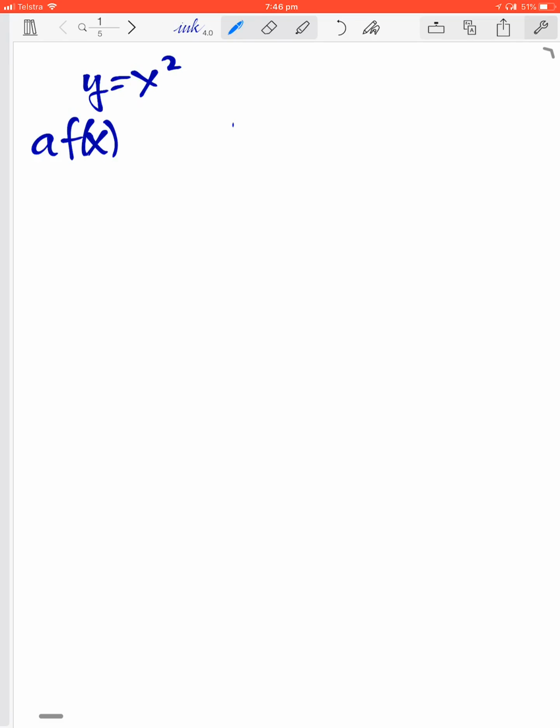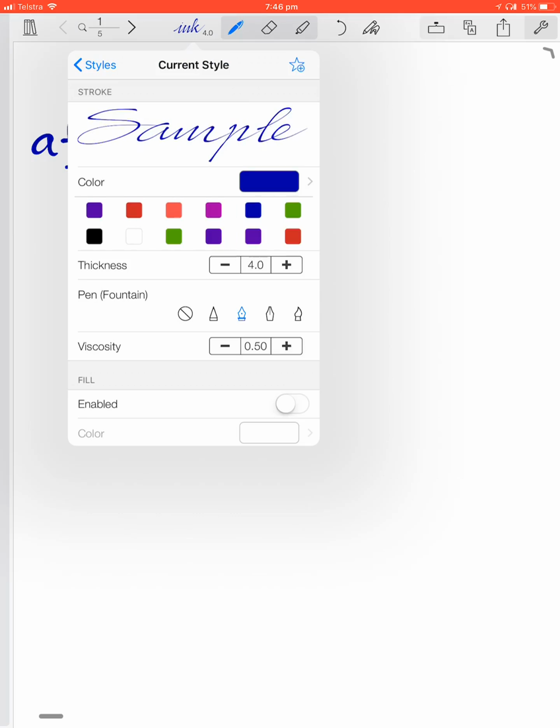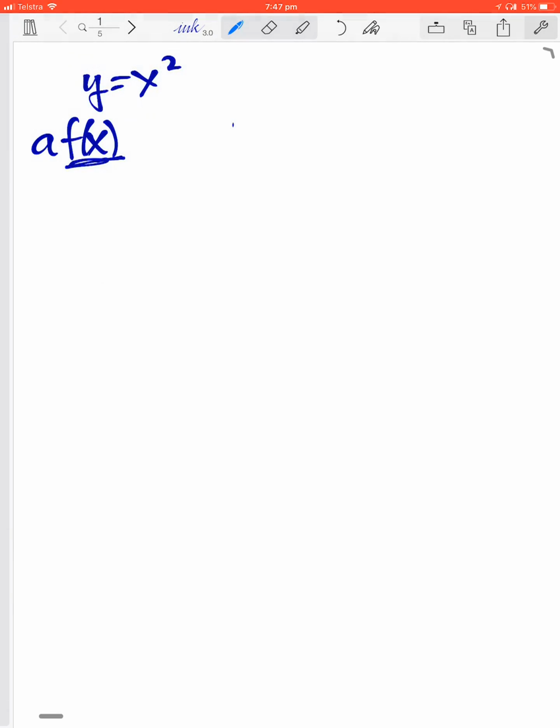So what we're doing is multiplying all of our y values by a, f of x is our y values. If we multiply all of our y values by a, that's a dilation factor a from the x-axis.